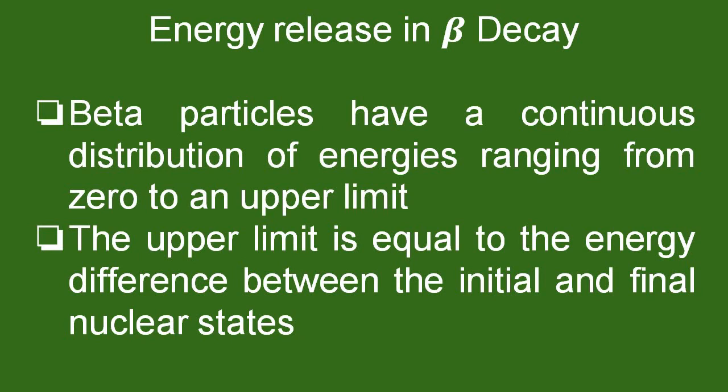Some have a minimum energy, that means 0, and some the maximum. So there is a range, and the upper limit is equal to the energy difference between the initial and final nuclear states. That you can write from the nuclear states knowledge. So the upper limit is equal to the Q value of that particular reaction.